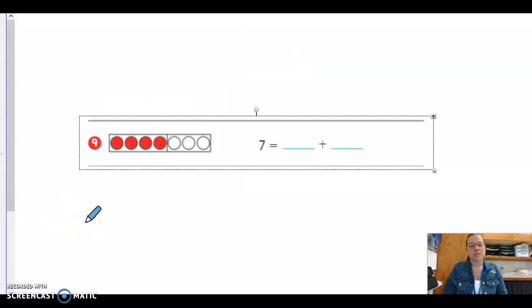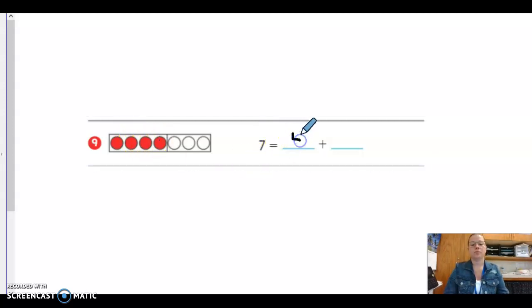Another type of problem you will see is something that you're very familiar with that we've been working on for a couple weeks now. Looks like we're working with partners of 7. I can see that right here because the number is 7. That's the total. So we have to count how many are colored in. 1, 2, 3, 4. How many are not colored in?